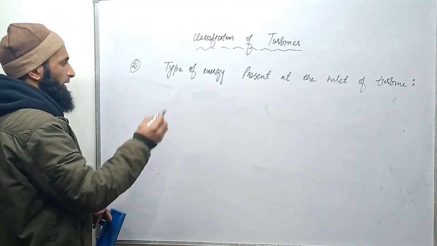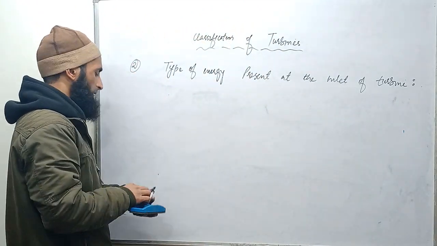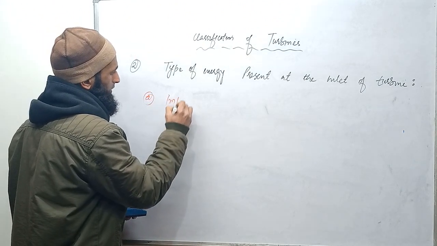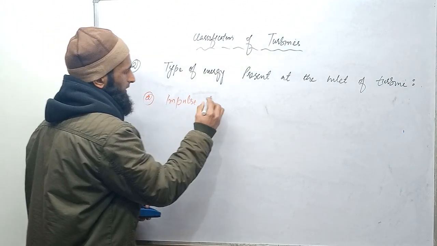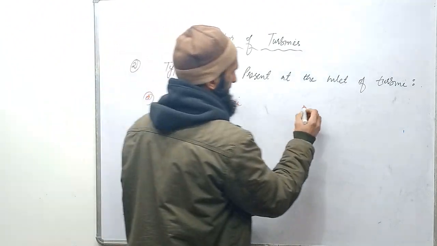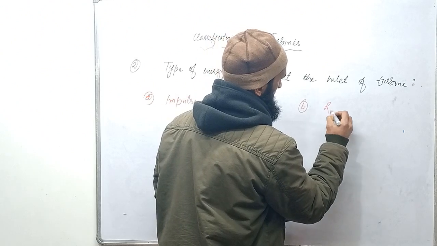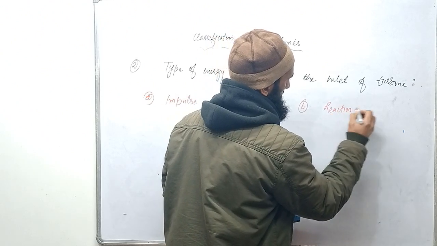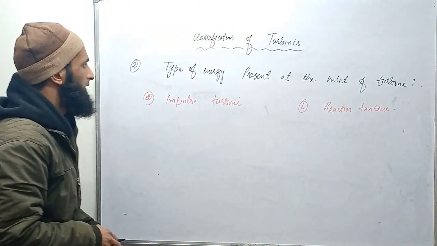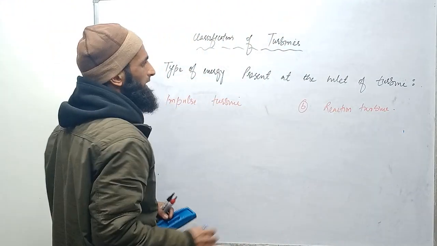In this case, we have two types of turbines. One category is the impulse turbine, and the next category is the reaction turbine.